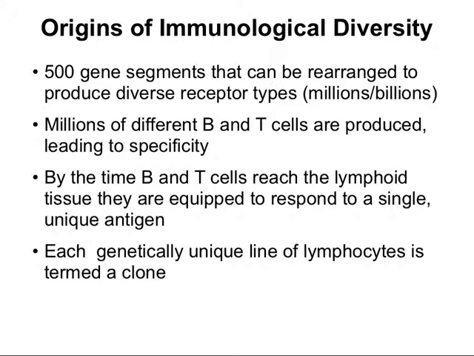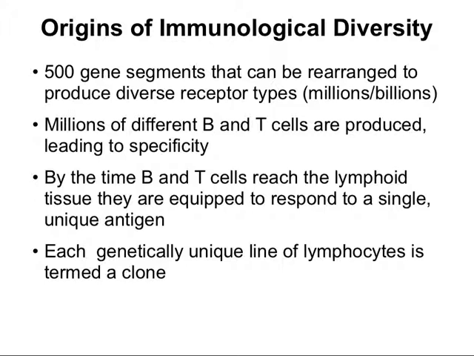And each one of them is produced without even seeing any exposure to an antigen. So they have to come up with literally billions of different receptors just in case a molecule comes along that fits their receptor. So by the time B and T cells reach their lymphoid tissue, they're equipped to respond to just a single and unique antigen.